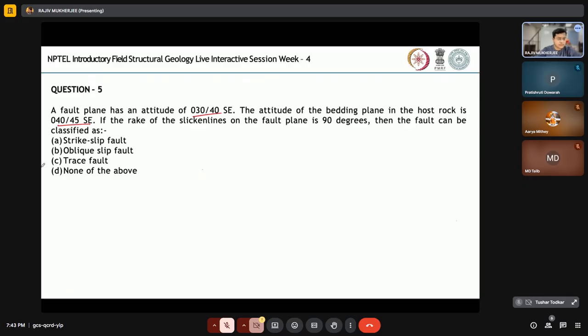So if we draw the stereo plot, this is north, east, south, west. So fault plane attitude is 030, 40 degree southeast. So this is 030.